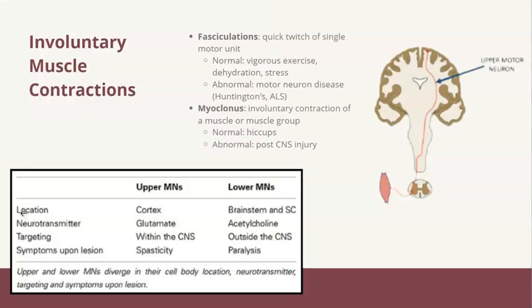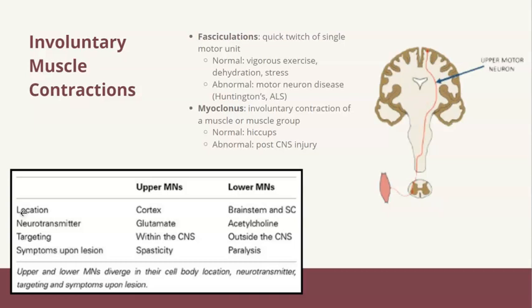A couple other terms we need to know about the motor system are involuntary muscle contractions. So we're going to talk about a few in the next couple of slides. First, fasciculations, which is a quick twitch of the motor unit. So it looks like a twitch or a ripple a lot of times when this is occurring on a patient's leg or arm.